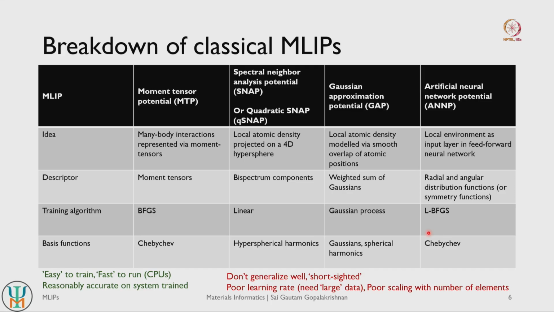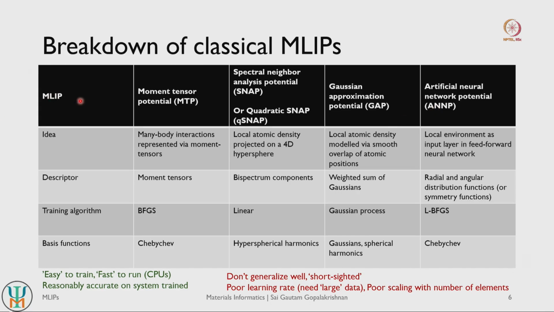Let me just break down how these different potentials that I described in the previous slide are constructed. These are some of the popular classical machine learning potentials: moment tensor potential or MTP, spectral neighbor analysis potential or SNAP, Gaussian approximation potential or GAP, and the artificial neural network potential or ANNP.